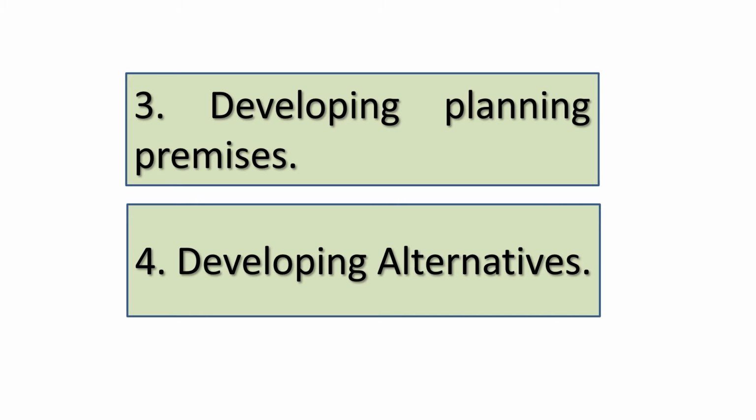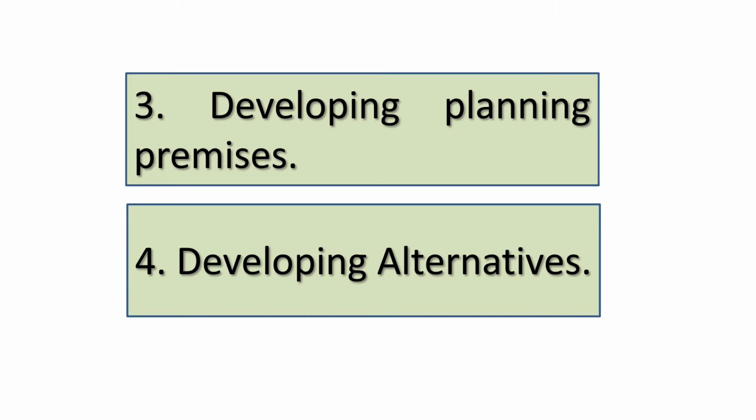Assumptions are made in the form of forecasts, existing plans, past policies, etc. Planning premises are assumptions regarding external and internal environmental conditions. Plans are formulated in the light of both external and internal factors.